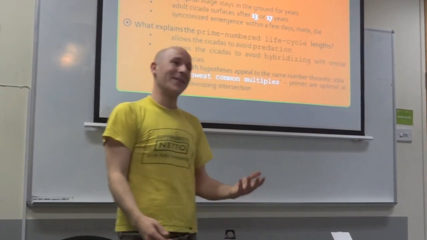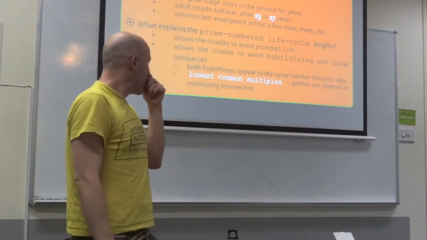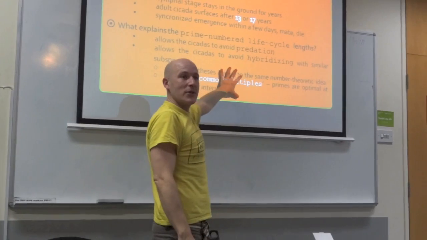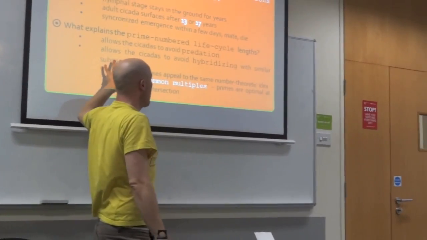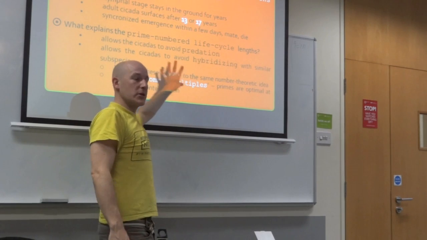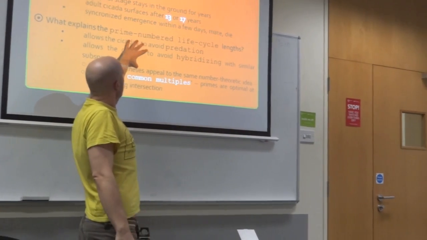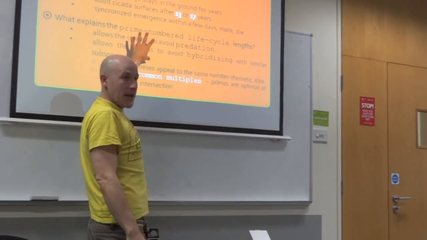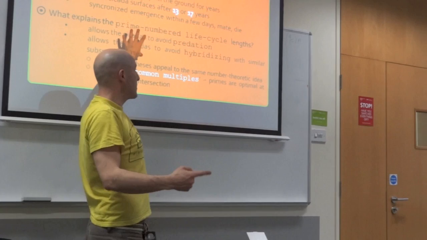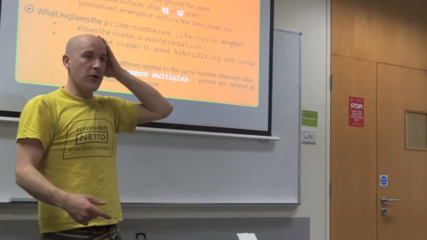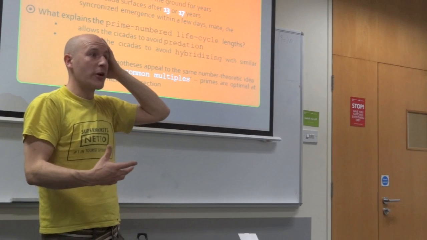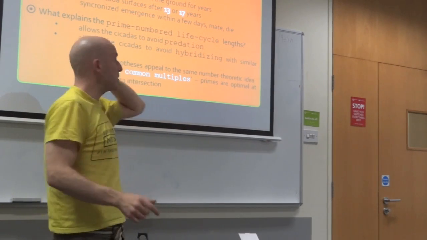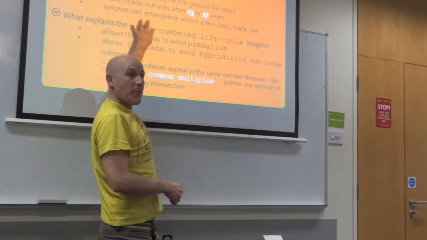11, right, good. So here we have, again, a mathematical explanation involving number theory about lowest common multiples, which is explaining why the explanations given, avoiding predation and maximizing your ability to only procreate with really similar cicadas to yourself, explain why they're prime.